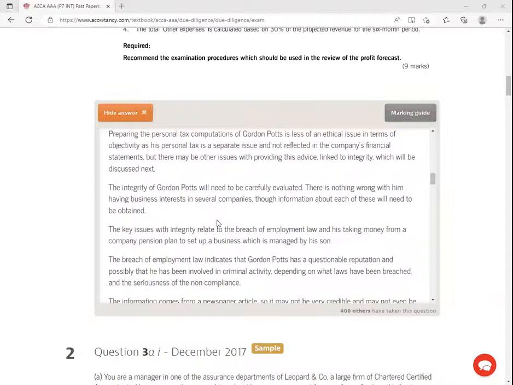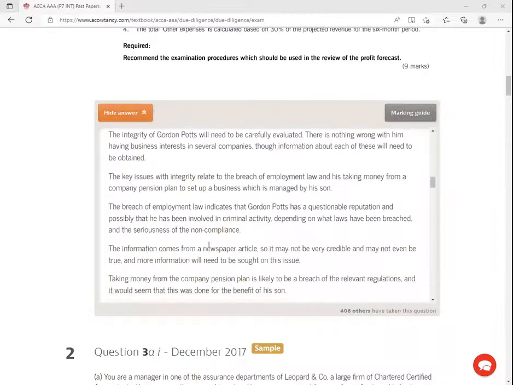The integrity of Golden Pots will need to be carefully evaluated. There's nothing wrong with him having business interests in several companies, though information about each of these will need to be obtained. The key issues with integrity relate to the breach of employment law and his son, and his taking money from a company pension plan to set up a business which is managed by his son.